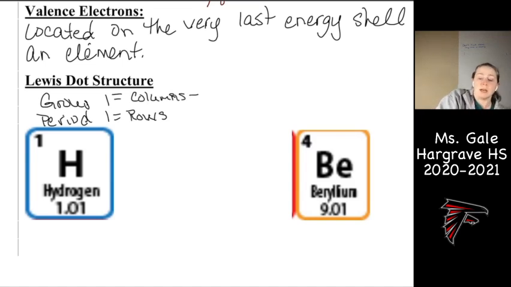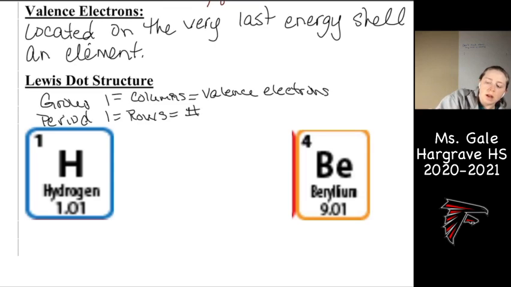Groups tell us the number of valence electrons in an element. The rows tell us the number of energy shells the element has.